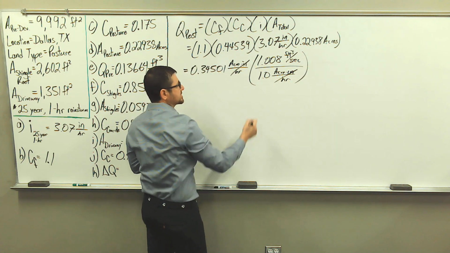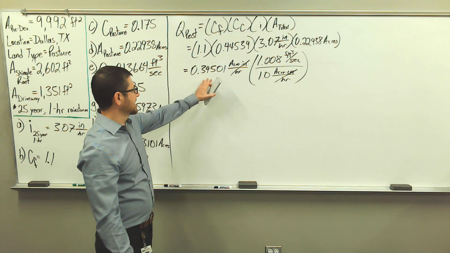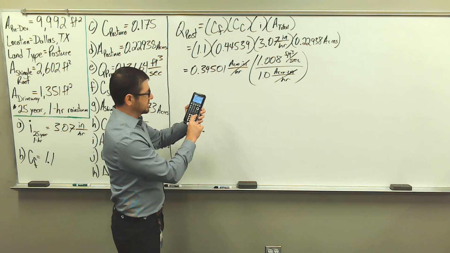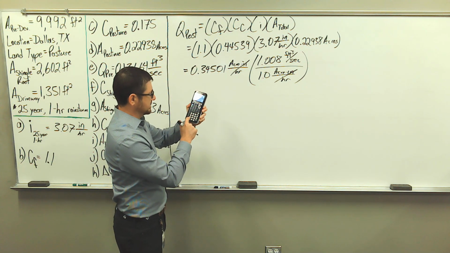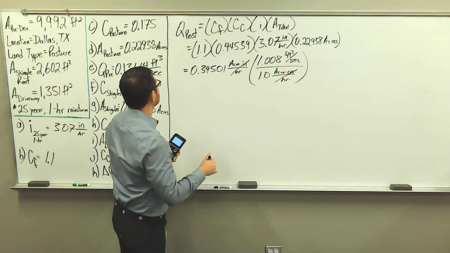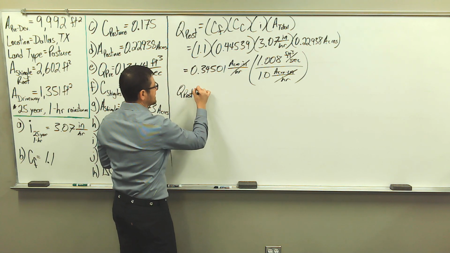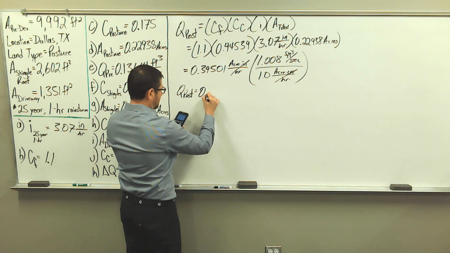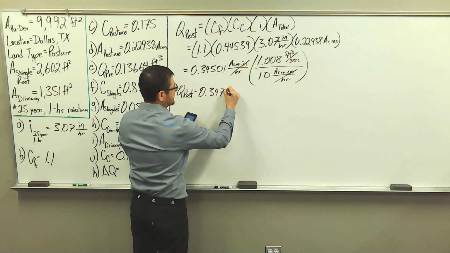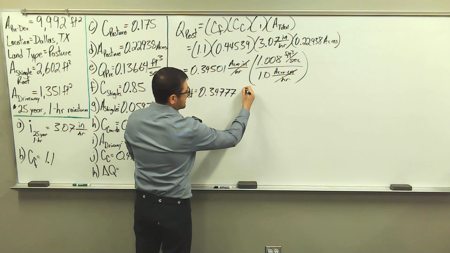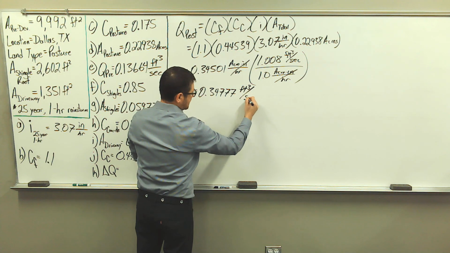So acre inches per hour cancels. I have this value stored in my calculator, so times 1.008, enter. And our post-development runoff rate is equal to 0.34777 cubic feet per second.